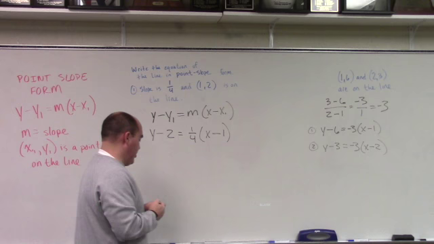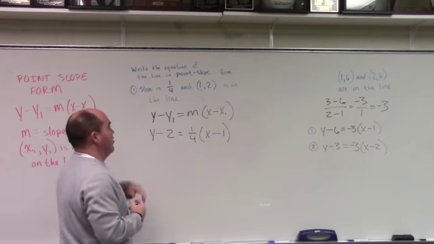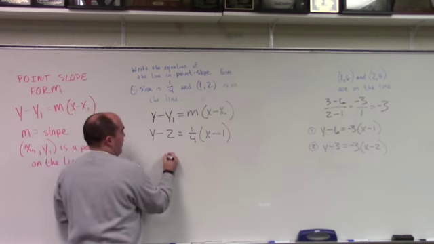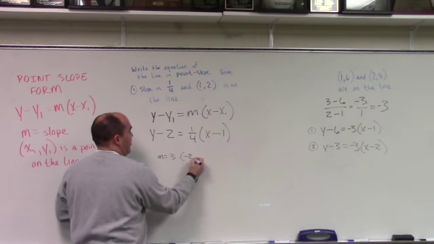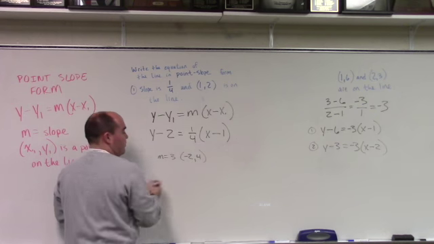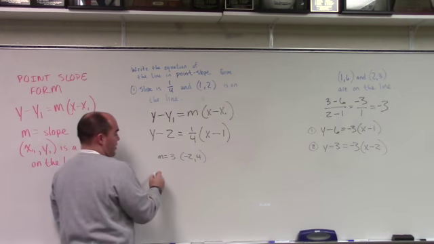If I had a question like this one, and it said the slope is 3, and I have negative 2, 4 is my point, then I would still do the same thing.